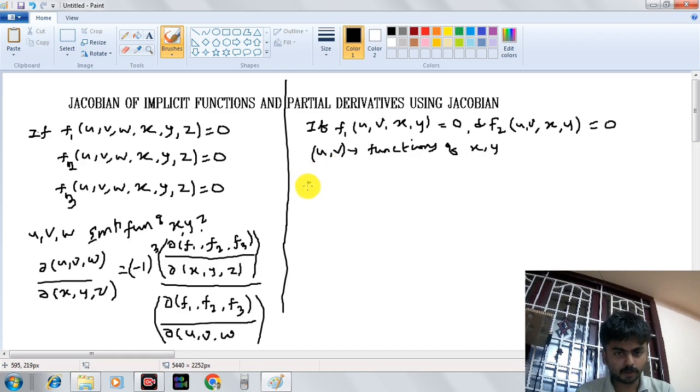We can find the partial derivatives using Jacobians: dou u by dou x equals minus, I'll write the minus in the common, dou of (f1, f2).